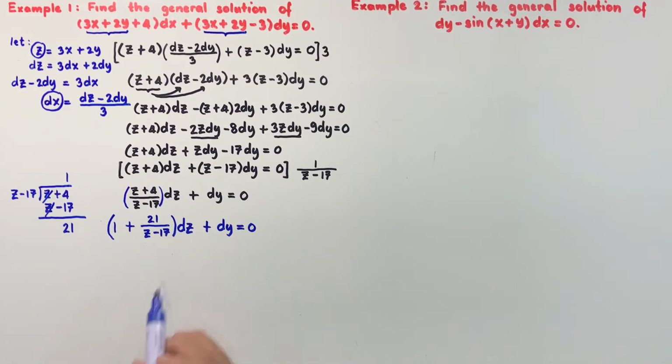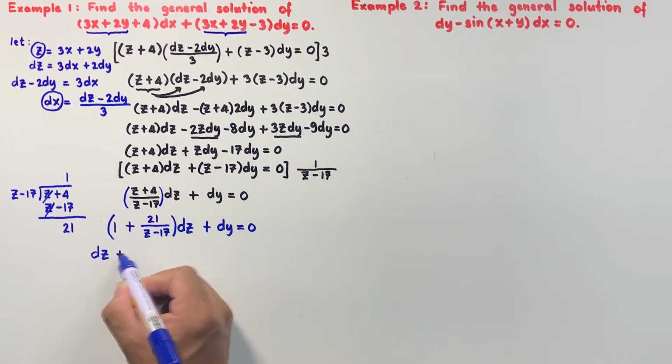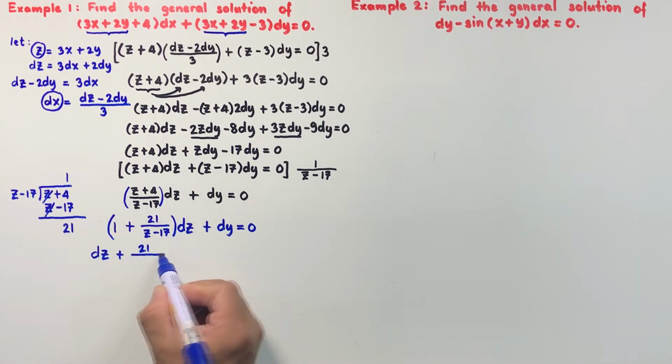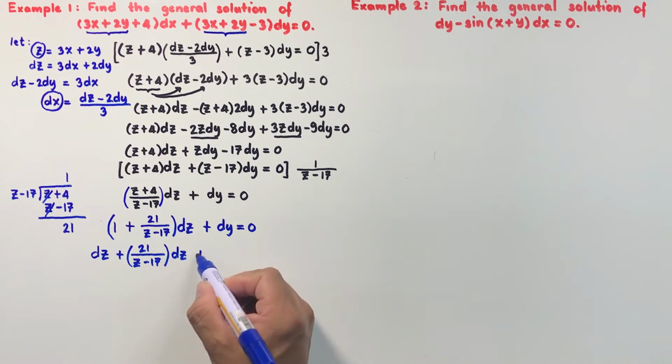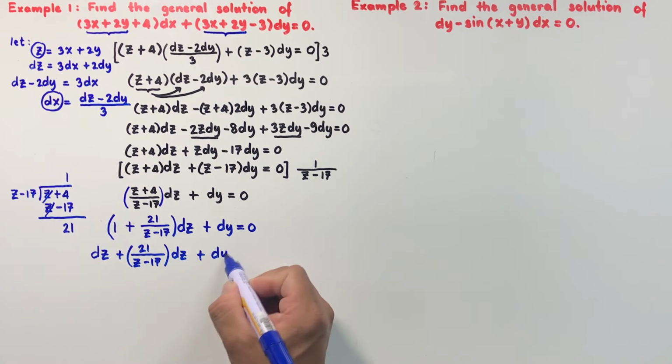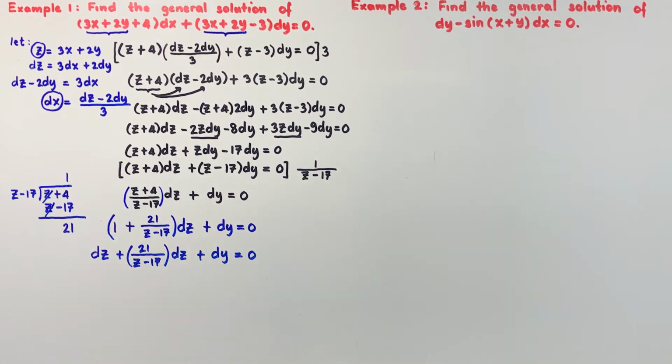So distributing this dz to this binomial, we have dz plus 21 over z minus 17 times dz, and this is added to dy here, and the whole sum is equal to 0. We notice that we can now easily integrate each term here.